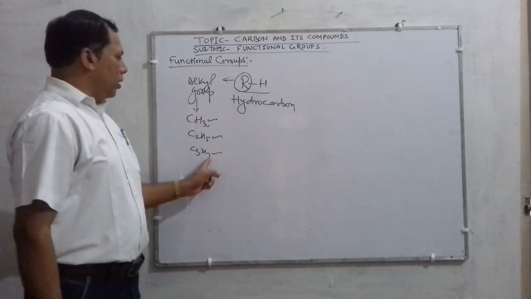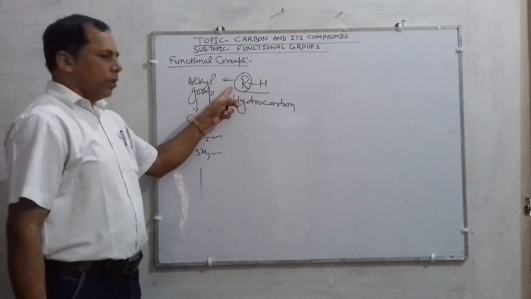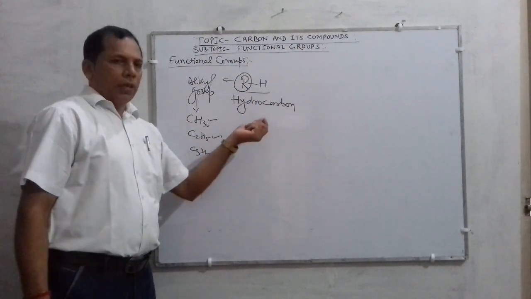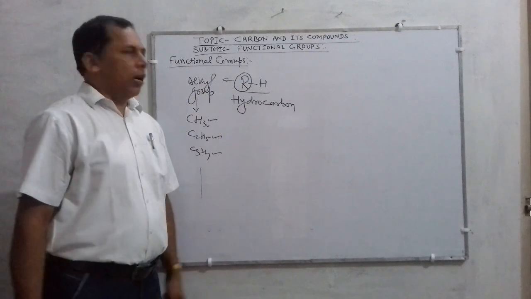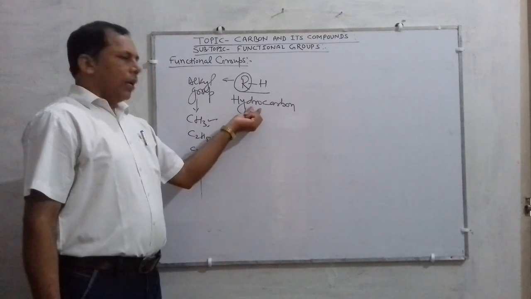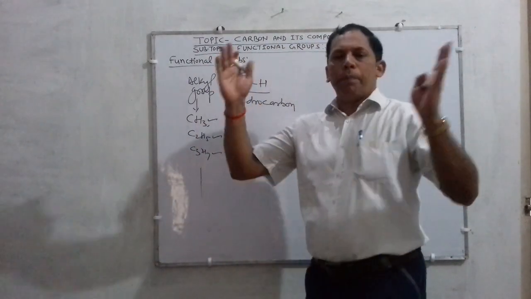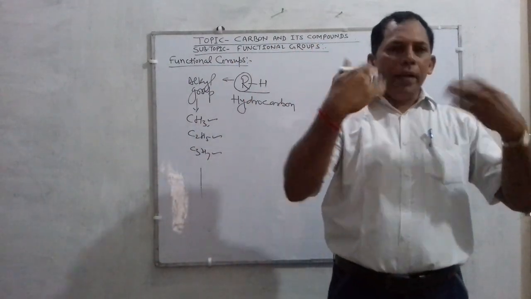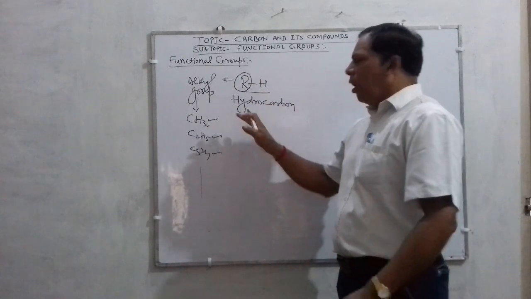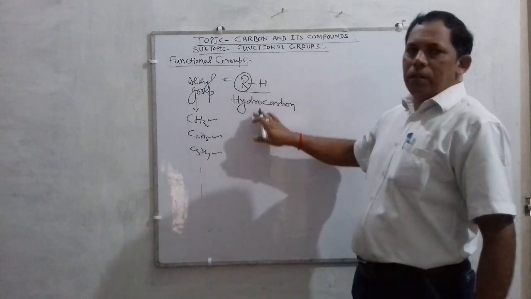By putting these alkyl groups, we get different hydrocarbons. So we are saying that these hydrocarbons are regarded as the parent compound, and all the rest are derived from these hydrocarbons.